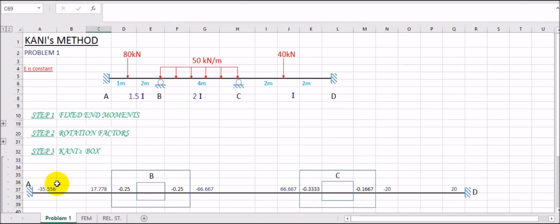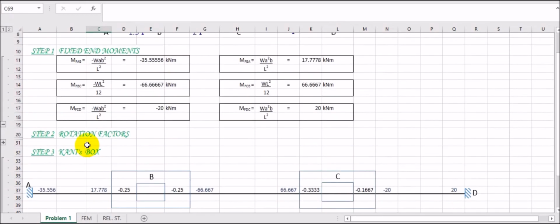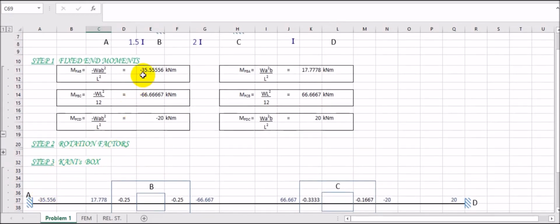At this end AB, I'll write the fixed end moment of AB, that is MFAB, which is minus 35.5556. Here I'll write the fixed end moment of BA, because we are seeing it from the B side, so it is MFBA, which is equal to 17.7778 kilonewton meter.